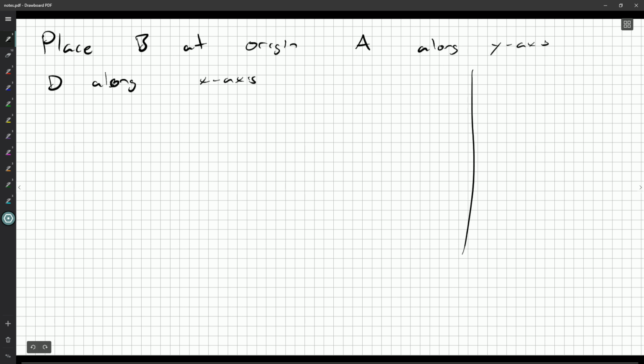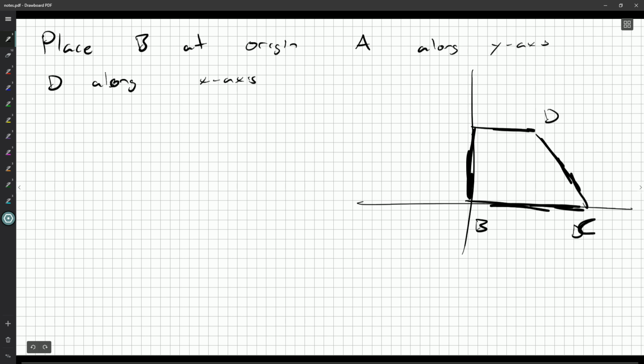Place B at the origin, A along the y-axis, and D along the x-axis. Oh no, it's BD, it's C. C is over here.